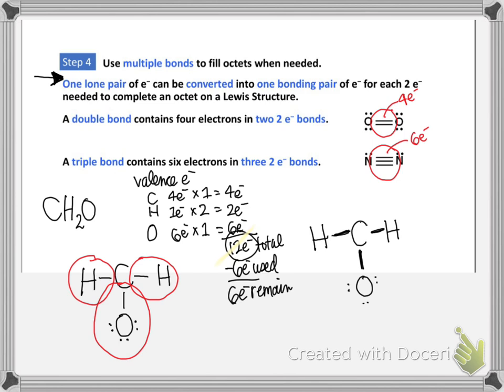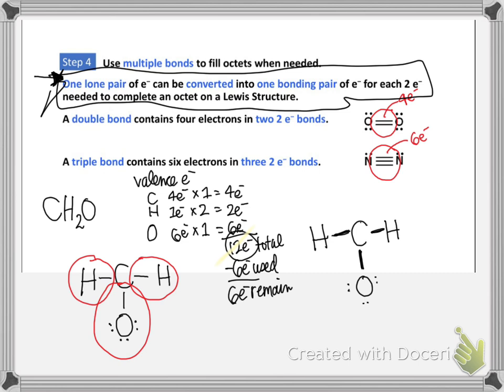Let's read it again. We'll take 1 lone pair up here and convert it to a multiple bond. So I'm going to take 1 of them from oxygen. I'll just take this one. It wouldn't matter.